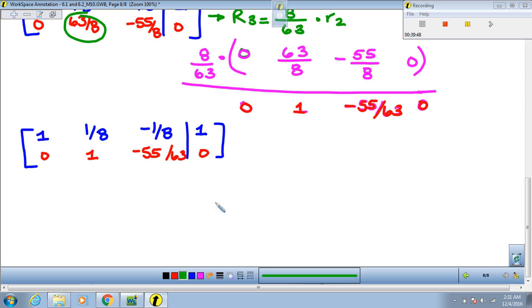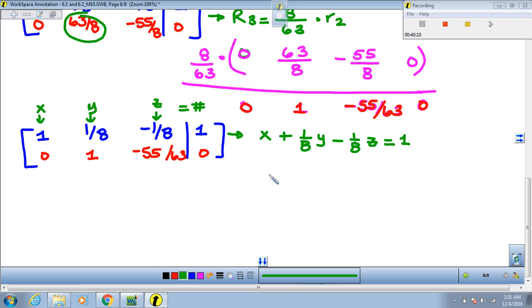Write equations. This is going to be x, because you know these are your x's. This is going to be your y. This is going to be your z, and this is going to be your equal. So x plus 1/8 y minus 1/8 z equals 1.